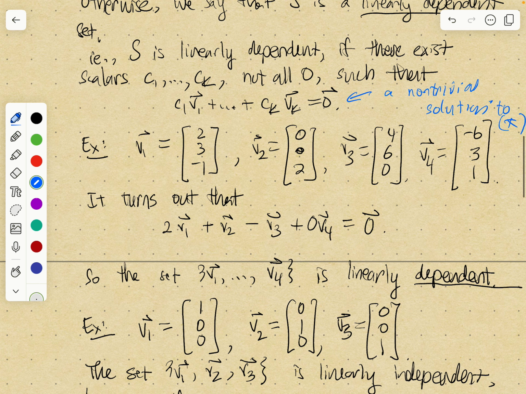So in the earlier case, C1 is 2, C2 is 1, C3 is negative 1, C4 is 0. This is a non-trivial solution to this equation.